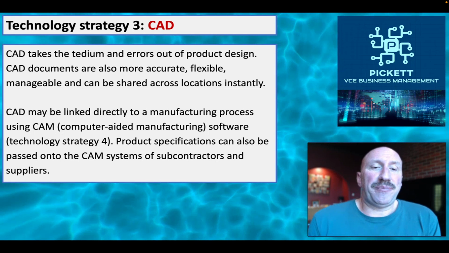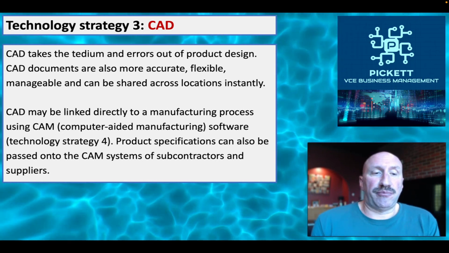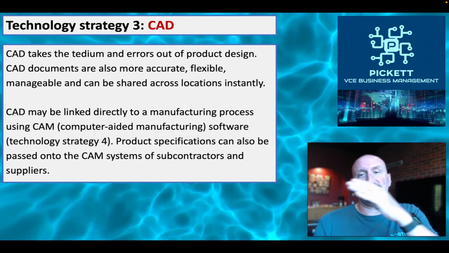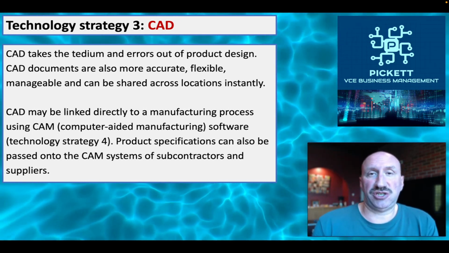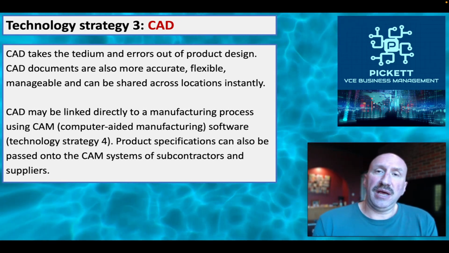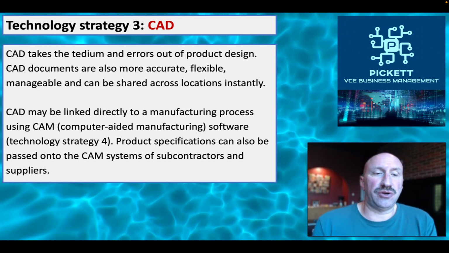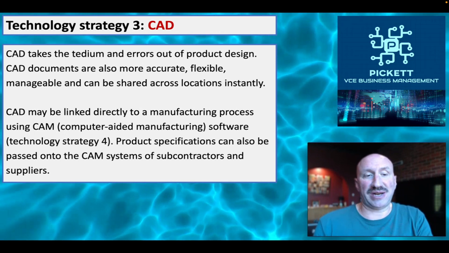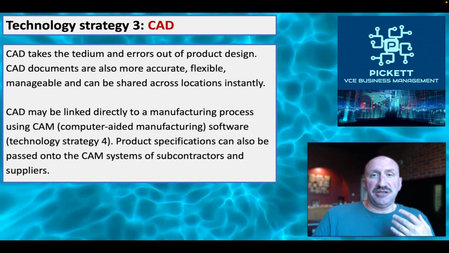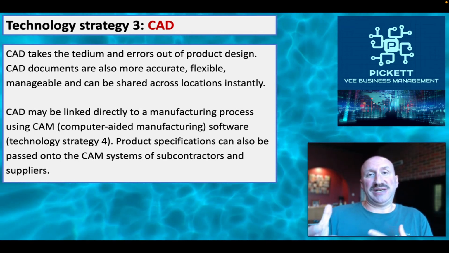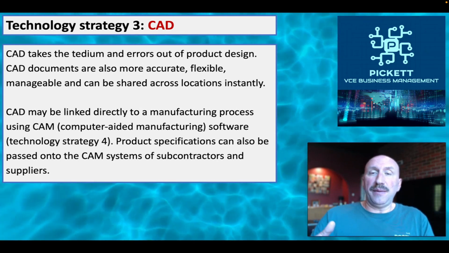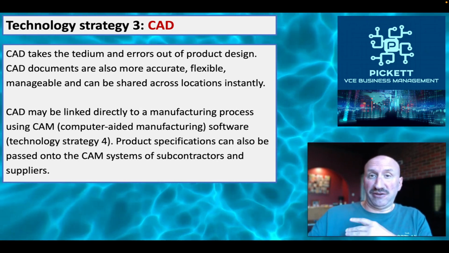Now, CAD might be linked directly to the manufacturing process using CAM, computer-aided manufacturing, which is the next technology strategy we'll look at. And also product specifications can also be passed on to the CAM systems of subcontractors and suppliers. So in other words, the business can actually design the product themselves using CAD, but they might then decide to not manufacture themselves.